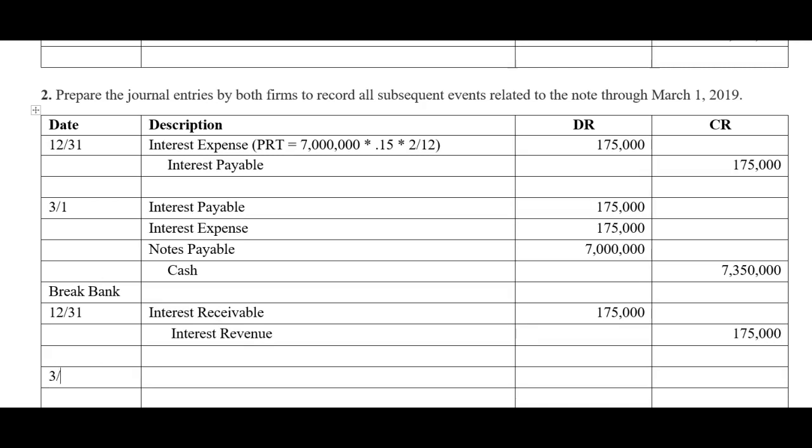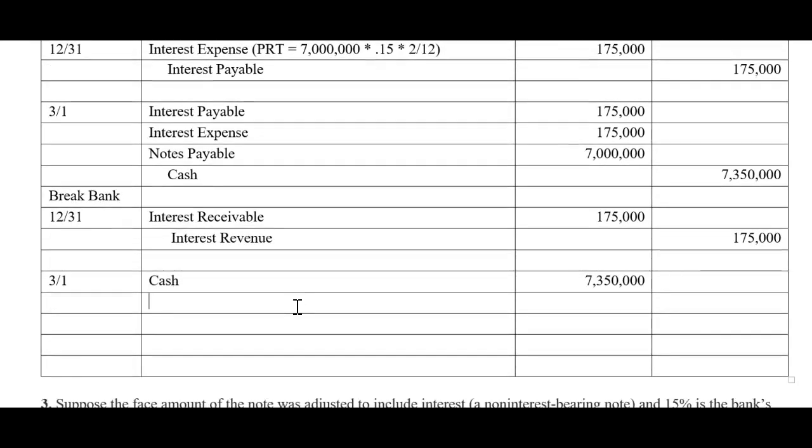Then on March 1st, again, it's very similar, but instead of paying cash, the bank is going to receive the cash. And again, they're going to receive the maturity value, which is the total principal plus the total interest. So we're going to go in and hit cash for $7,350,000. Now, what's comprising that? Well, one, again, is the interest receivable that we've already recorded, $175,000.